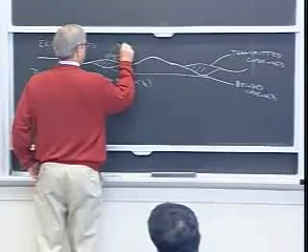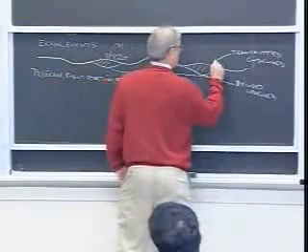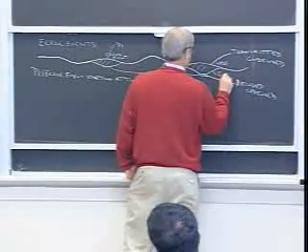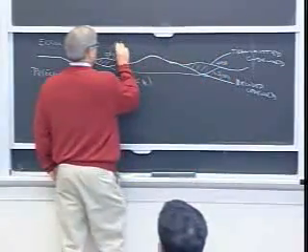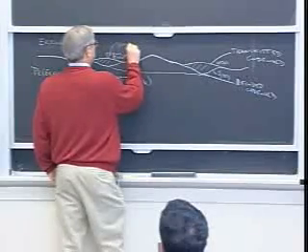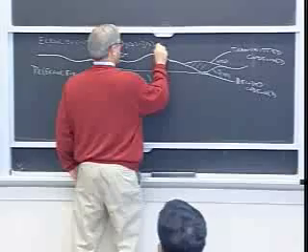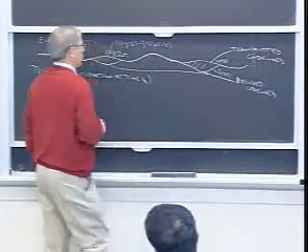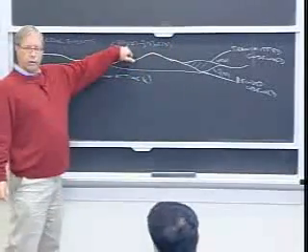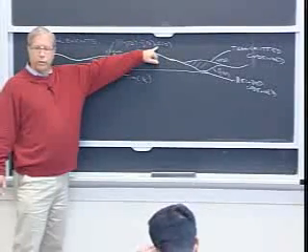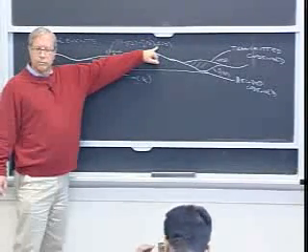What is the difference here? Call this y of D, and this y hat of D. What is y of D minus y hat of D? We'll call that e of D. This is a code word. This is a decoded code word. So the error event has to be a code word, right?